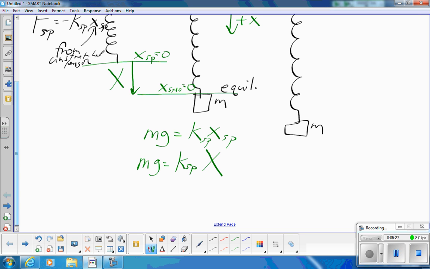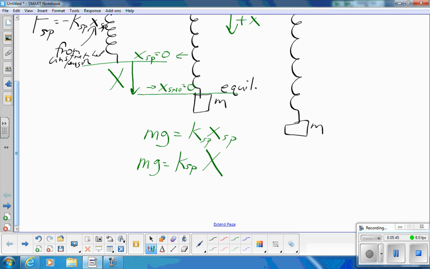Okay, we've said nothing yet about whether or not this is a simple harmonic oscillator. But now let's examine, actually no, I'm not going to do that yet. The other thing that I want to do is relate these two coordinate systems to each other, where x SPA is equal to 0 and where x SHO is equal to 0.